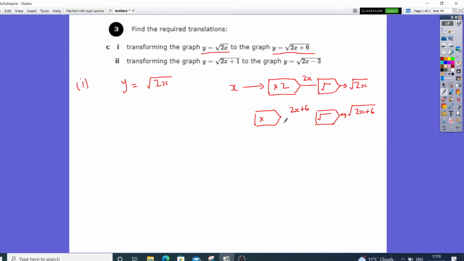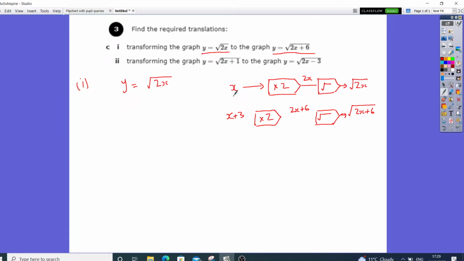So what was the initial thing I put in here? It must have been x plus 3, because when I times that by 2, I'll get 2x plus 6, and then I square root it, and it comes out with that.